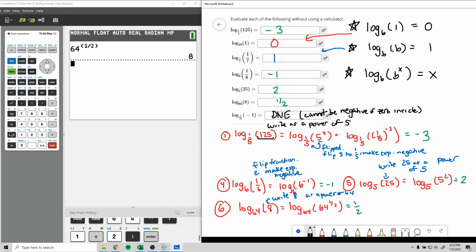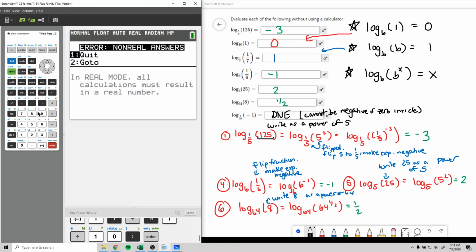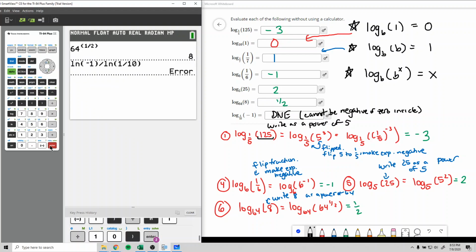We do the natural log of the top, -1, what's inside, divided by the natural log of the base, 1/10, and there's an error. We cannot evaluate that. But that is a lot of good practice dealing with logs without a calculator. It gives you some sort of understanding as to what they are. But it's always good to practice log rules.